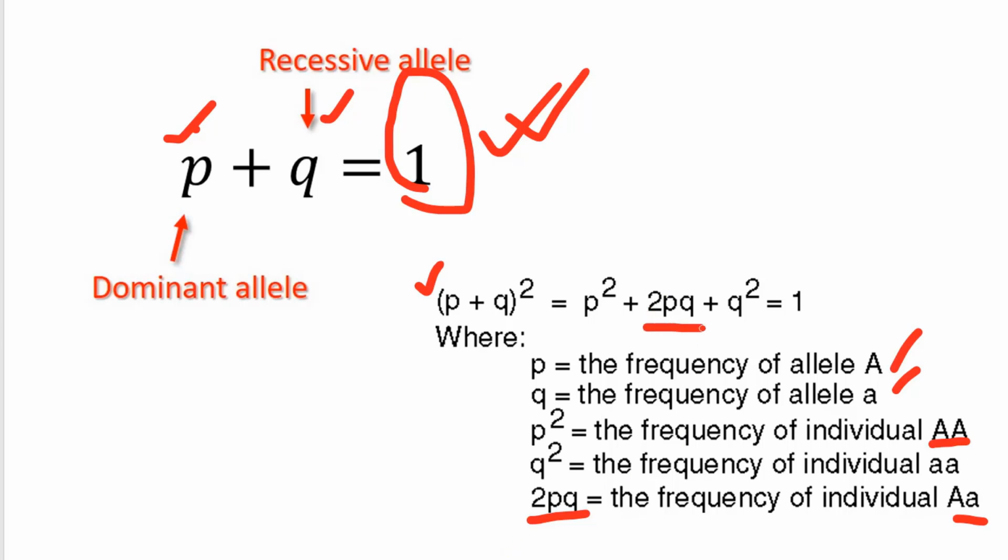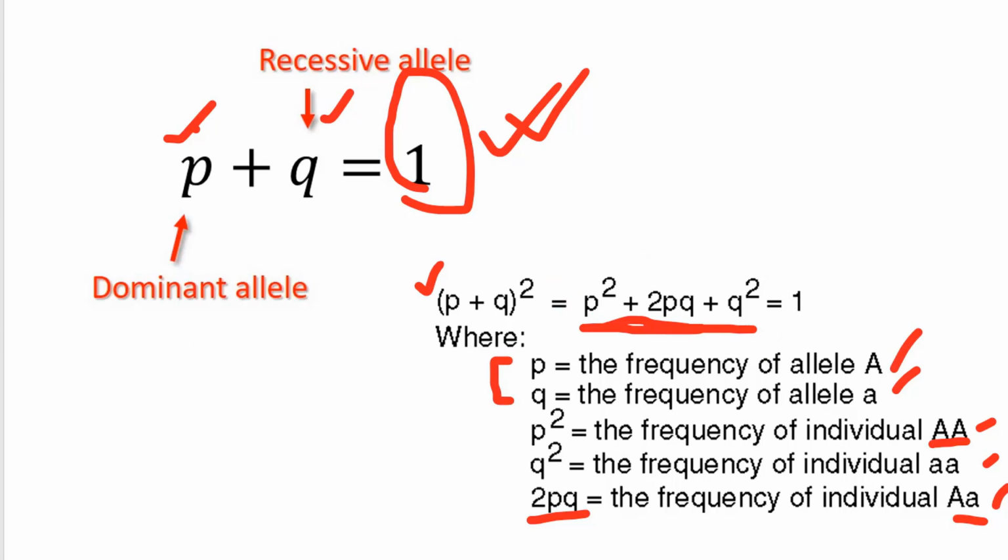So from this equation, you can calculate the frequency of the different genotypes of different individuals. If you know the allele frequencies, you can calculate the genotype frequencies.